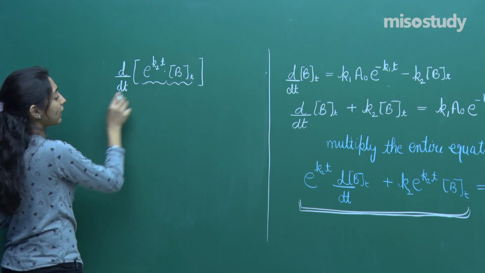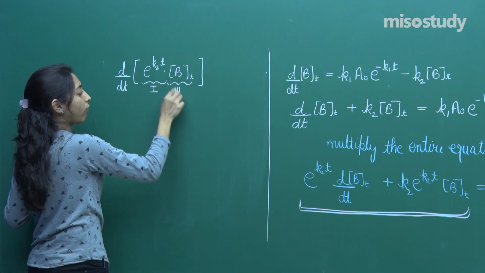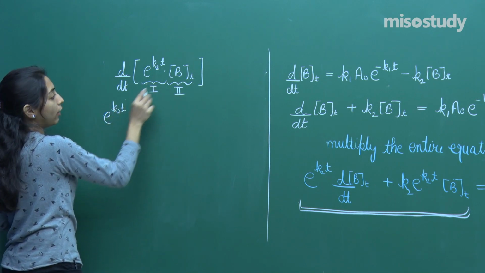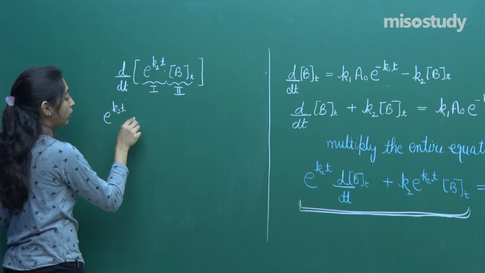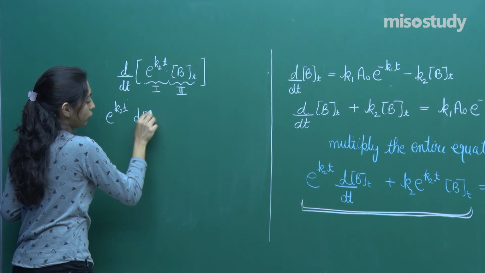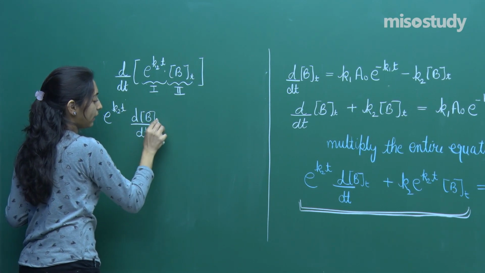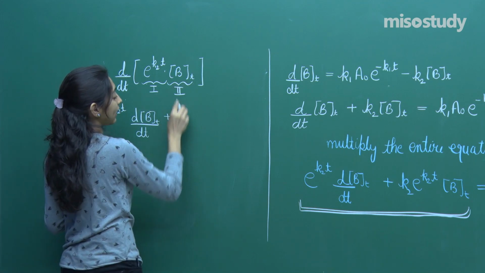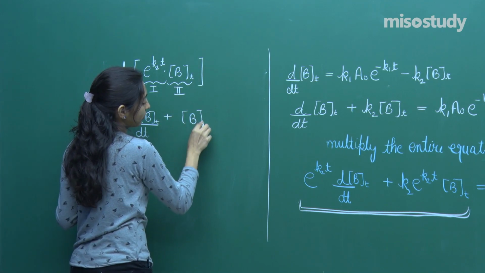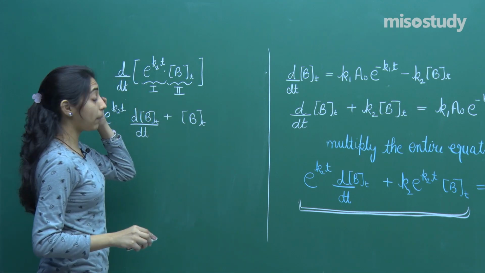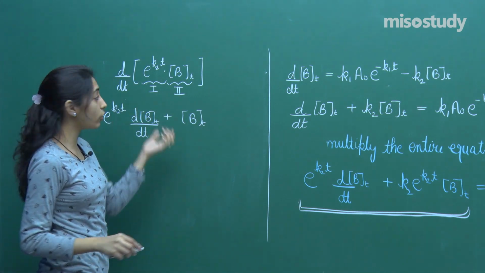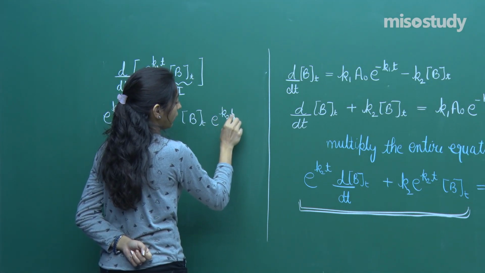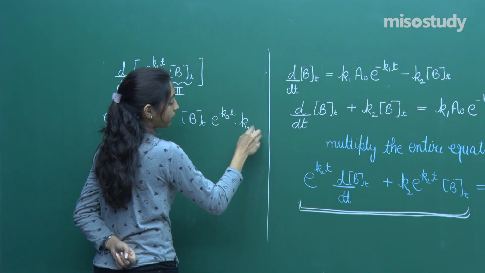Keep the first function as such, e raised to the power k2t, and differentiate b with respect to t, so you will be getting d by dt of concentration of b. Okay. Now put the second function as it is, concentration of B at time t, and then multiply it with the differentiation of e raised to the power k2t. So you will be getting e raised to the power k2t multiplied by k2.